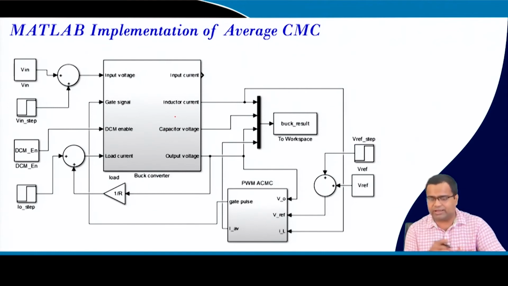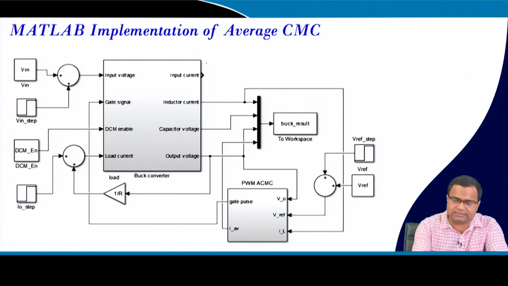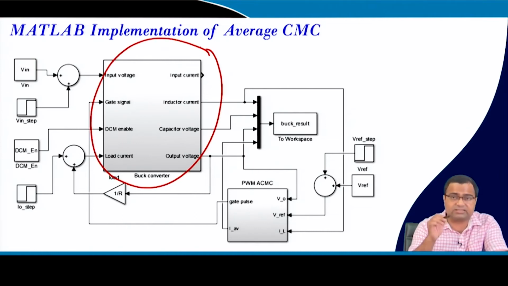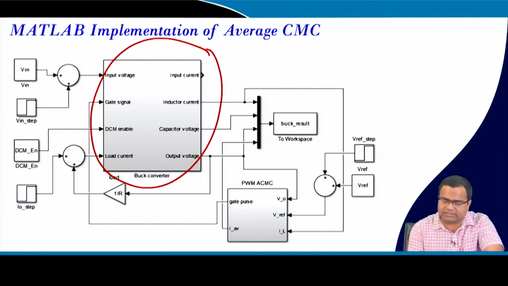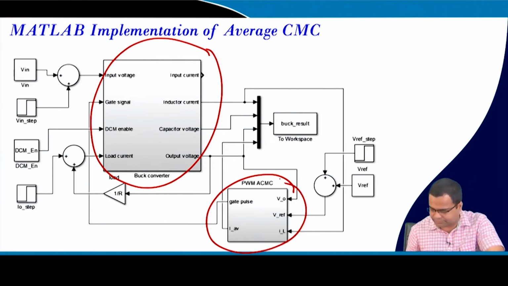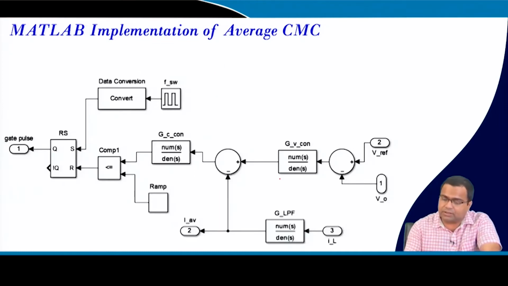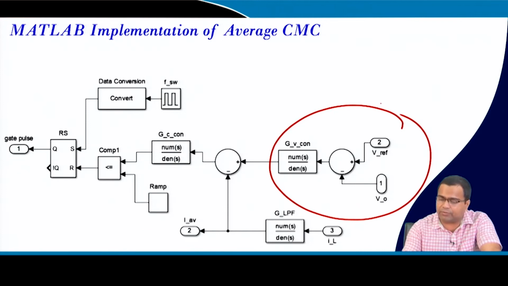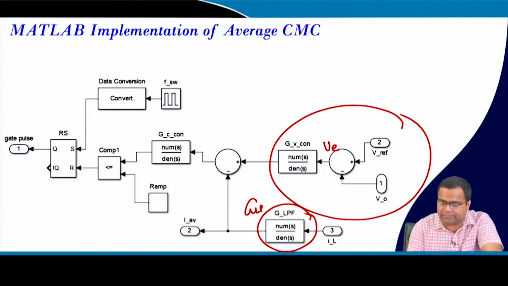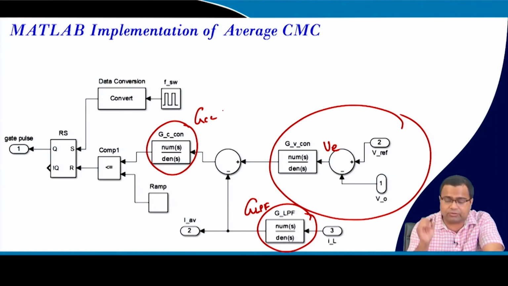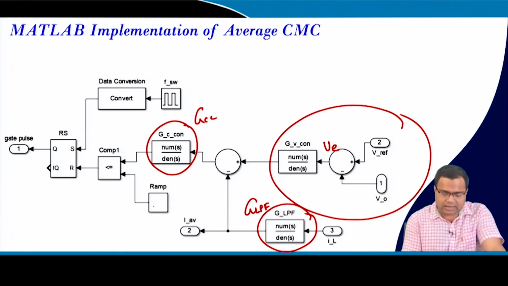So, here what I am showing is the average current mode control implementation, which I have already discussed. This is a converter that we have discussed multiple times. This is the average current mode controller. There is an outer voltage loop, which takes this error voltage, and this is a low pass filter in the current path, LPF, and this is a current controller, GCC, and this is the sawtooth waveform.